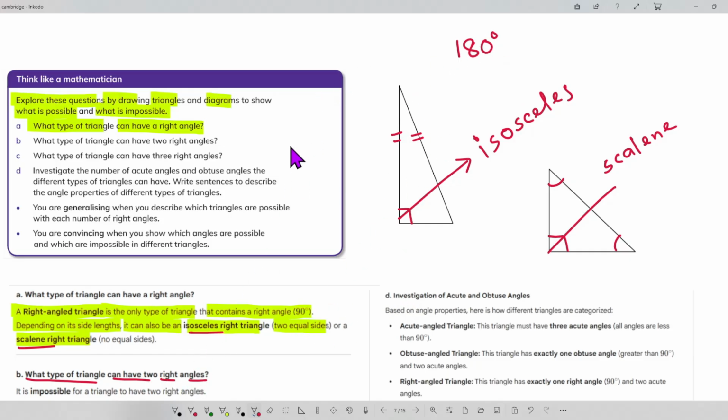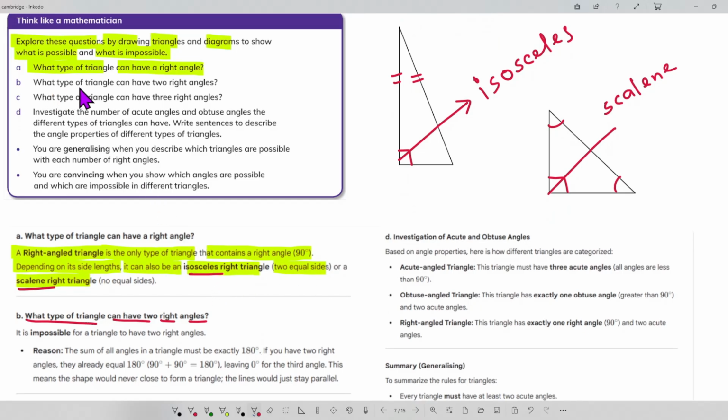So if 90 degree plus 90 degree plus another one, it will be something, therefore 180 degree will be crossed. So it's not possible, it's impossible. So what type of triangle can have two right angles? It's impossible. Now number C, what type of triangle can have 3 right angles? It is also impossible.